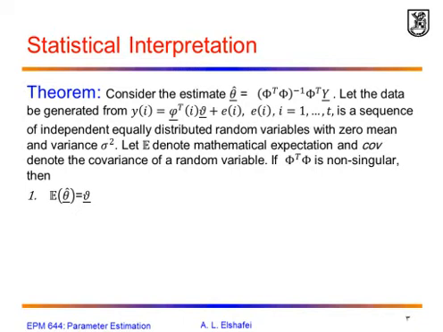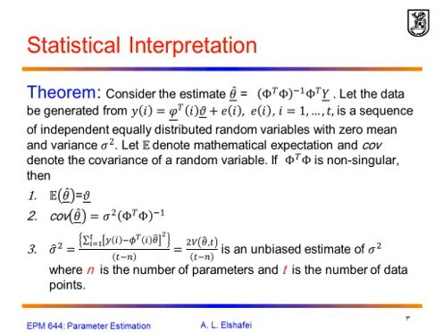The basic theorem that gives the properties of the least squares estimate under ideal conditions assumes that we have measurements y, and that the measurements are contaminated by noise. This noise under ideal conditions is assumed to be an independent sequence of zero mean and variance sigma squared.